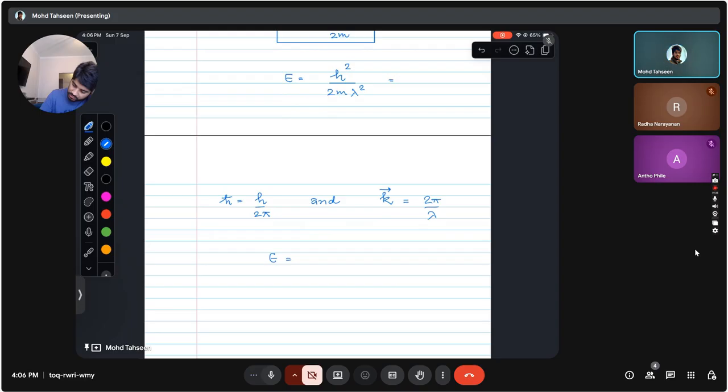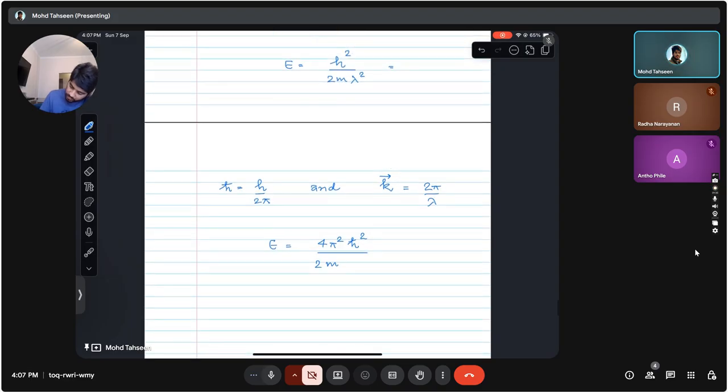We can write 4 pi square h cross square divided by 2m, and instead of lambda you write 4 pi square divided by k square.